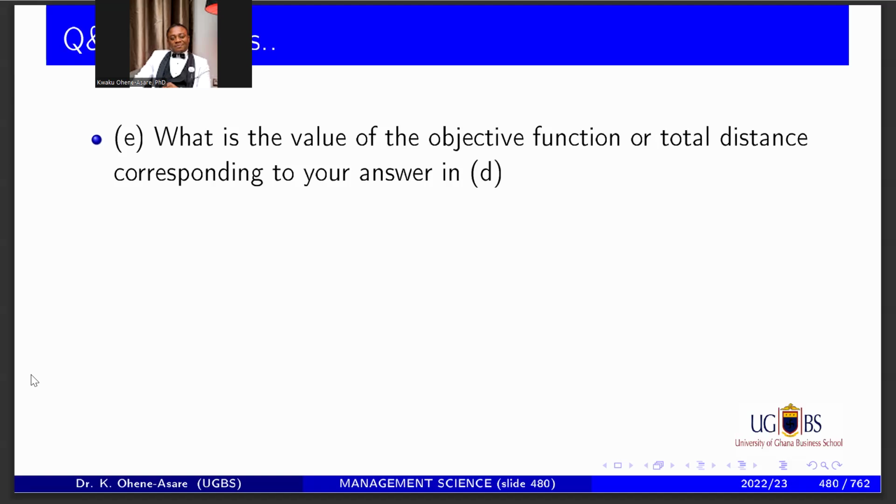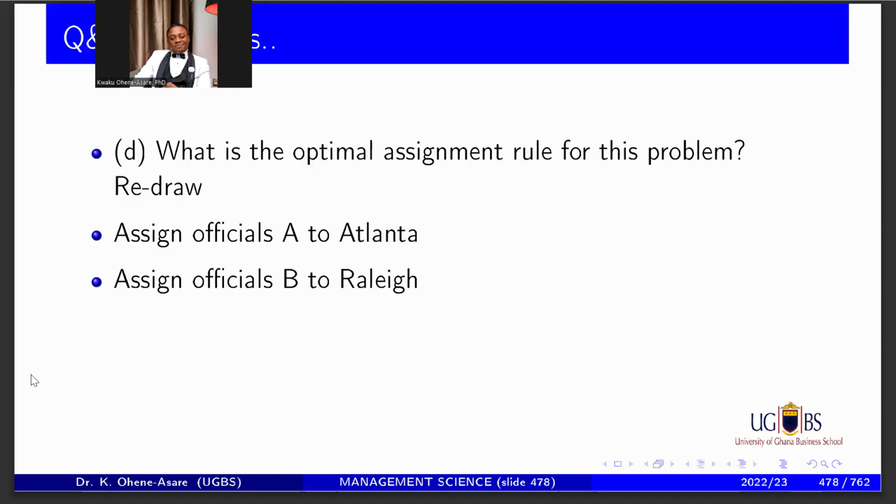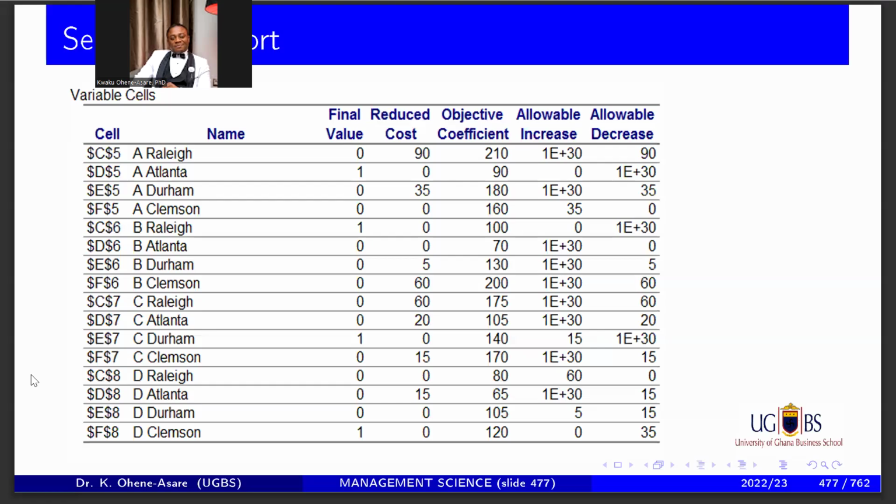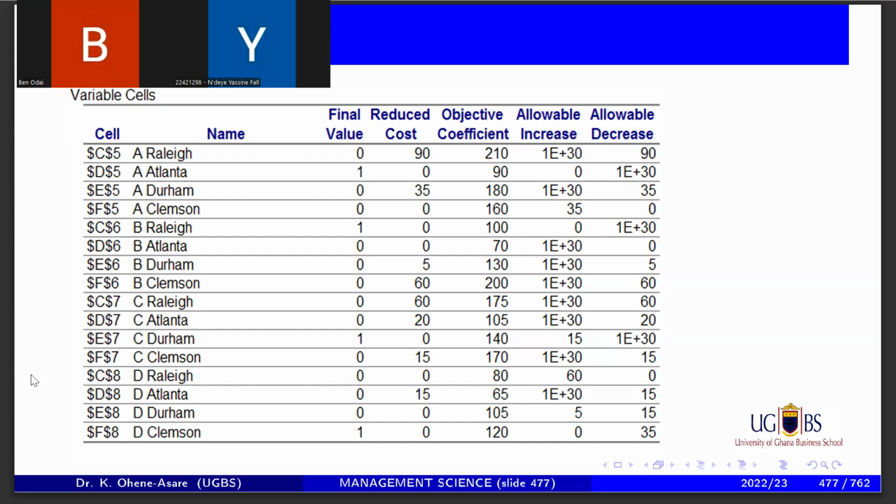Now, what is the corresponding value of the objective function, or the total distance, corresponding to your answer in D? Who can walk us through how to get that? How do you find the total distance? Ben? The final value by your objective coefficients.